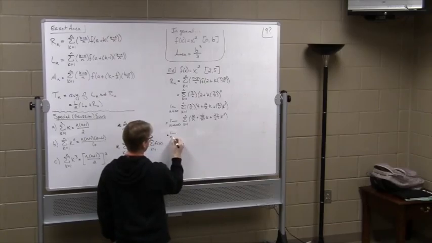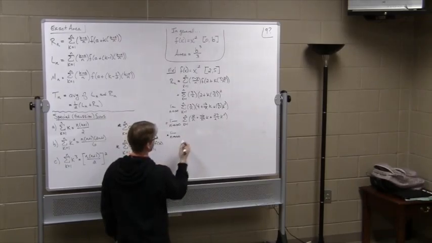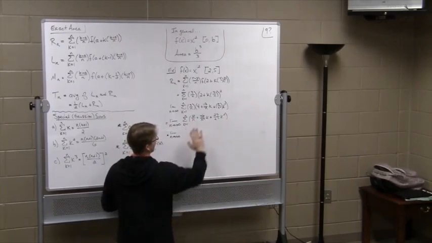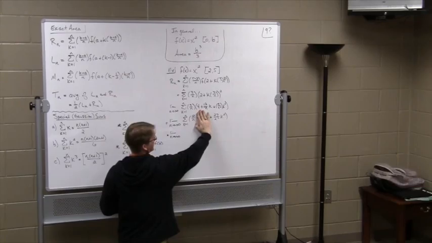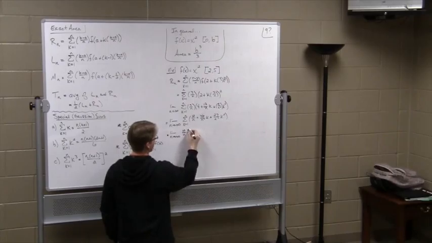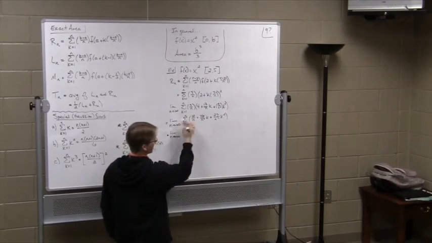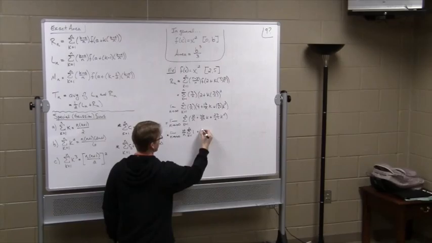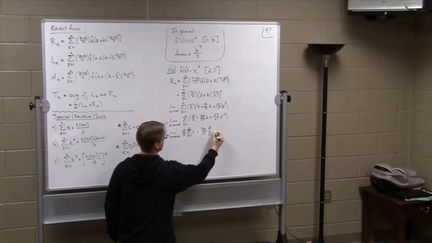Limit as n approaches infinity of: this is number 1, a constant, so I will have 12 over n times the sum as k goes from 1 to n of 1. All I did was factor that out. Plus 36 over n squared times the sum as k goes from 1 to n of k.